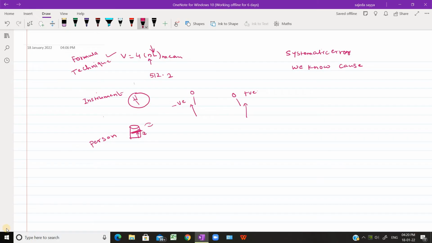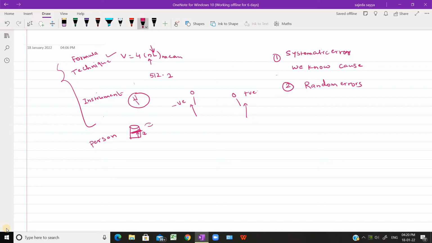So the cause is known, and the things involved during performance of the experiment are the source. This is the first type of error. And another error, whose cause is not determined, whose cause is completely unknown, is called random error.